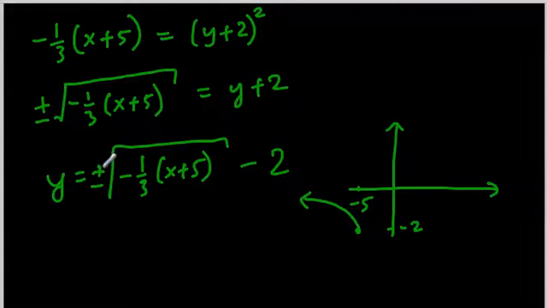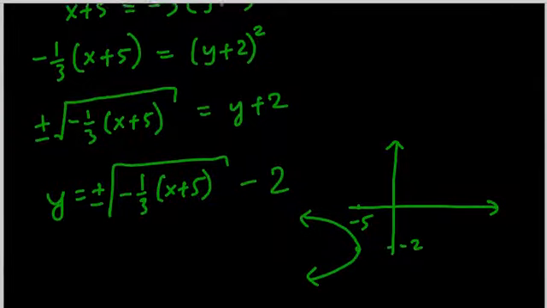If I have this positive, it's not reflected across the x-axis, so it would go like this. And if I do this negative and that negative, it will end up like this. So the question is, which one of these two is valid? In order to determine that, we need to look at the domain and range of the inverse.